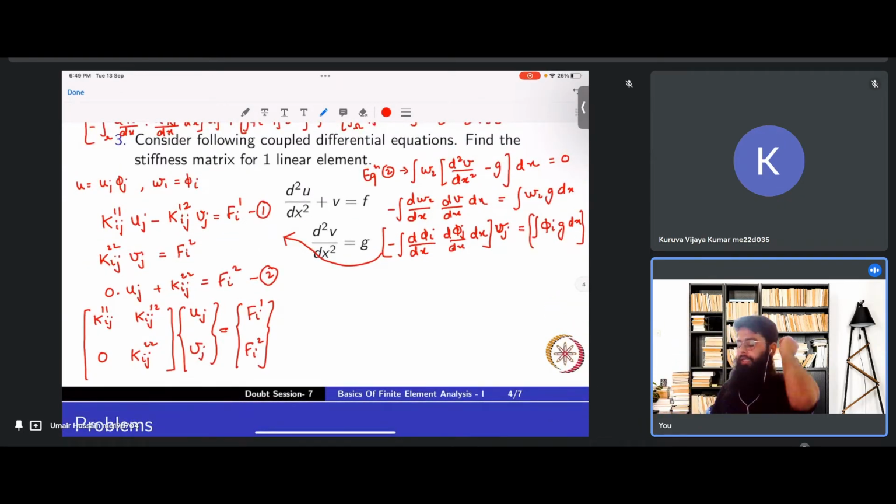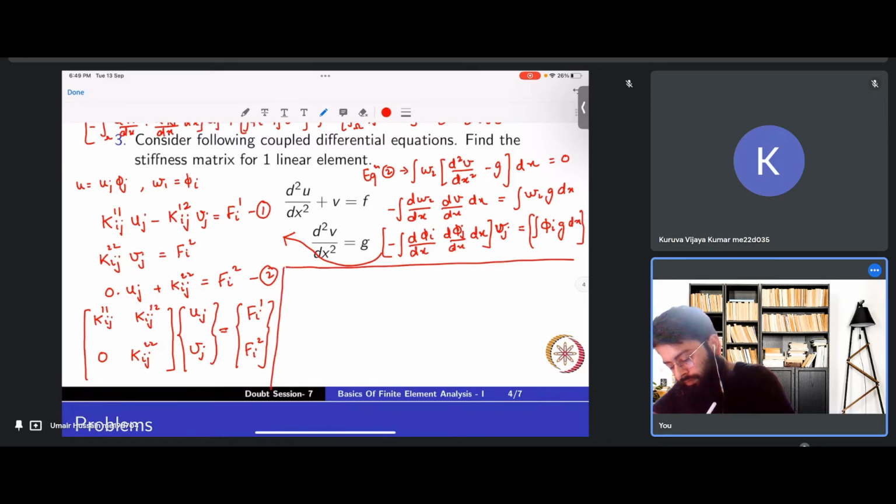So for one linear element, can we write down the equations? What do we have here?